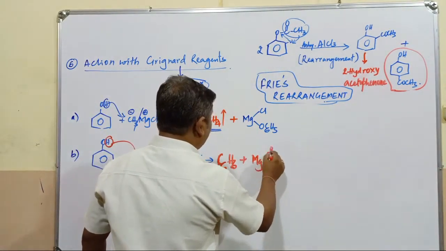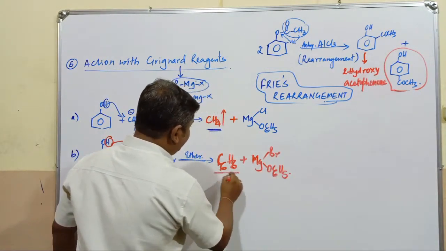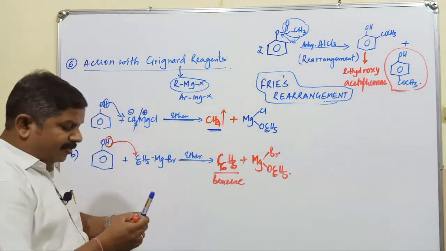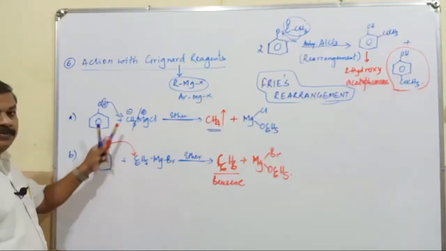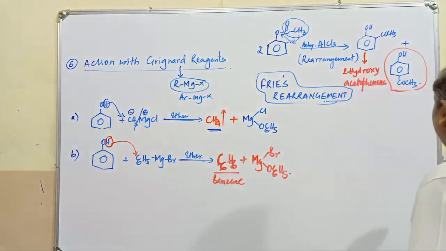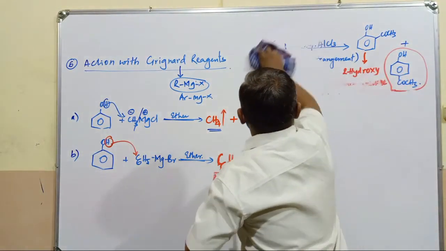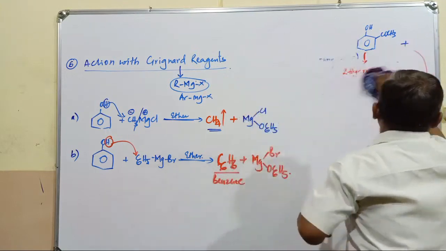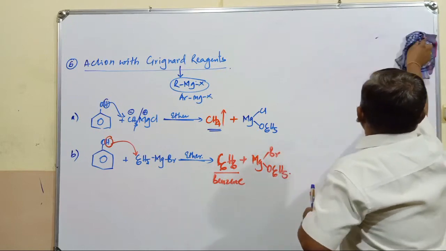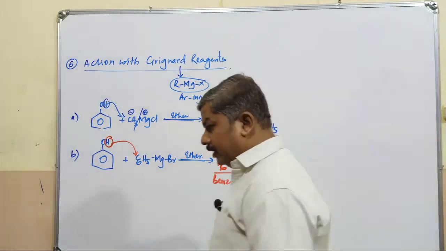Mg, this is Br and this is OC6H5. So this compound is benzene. So totally, formation of hydrocarbon takes place when phenol reacts with any of the Grignard reagents. Formation of what compound? The hydrocarbon. It may be an alkane or it may be benzene or some other compound. So hydrocarbon formation takes place. It is mainly because of the acidic property of which compound? Phenolic compound. Acidic property of phenolic compound.